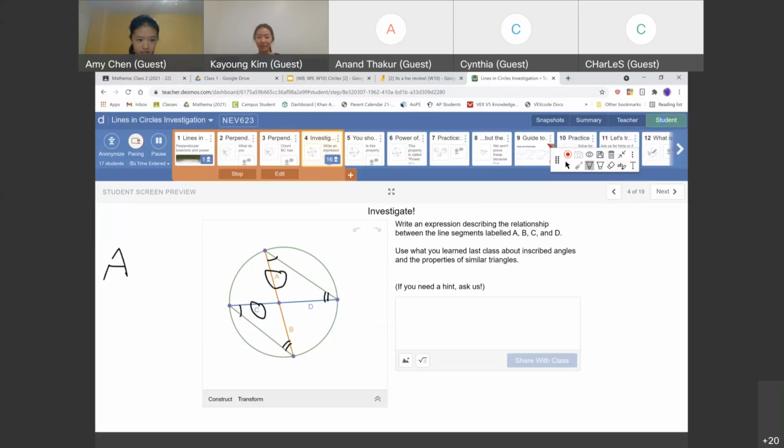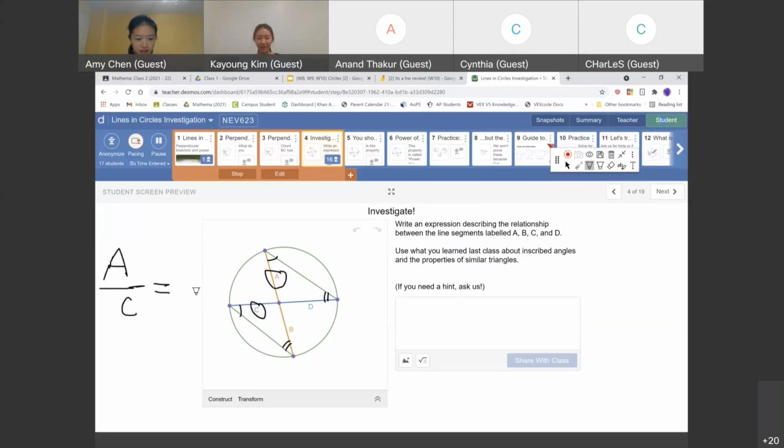So right now, A would correspond to B in the other triangle, right? So that would be A to C, A over C, because we set up a proportion of those sides, right?